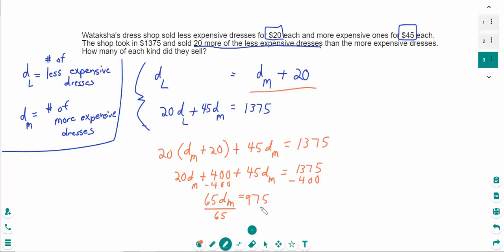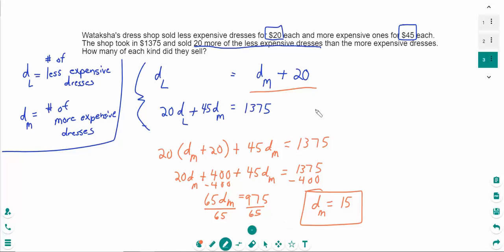This side divided by 65, this side divided by 65. And I'm going to get D sub M is equal to, let's see, what's 975? I'm cheating here, I'm going to a calculator. 975 divided by 65 is 15. So the number of more expensive dresses is 15.